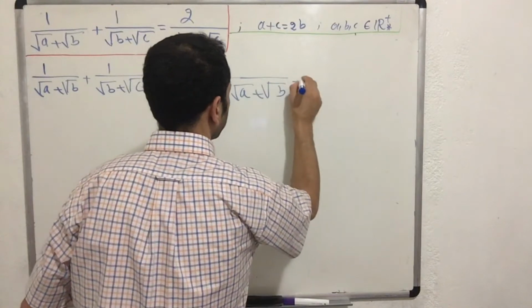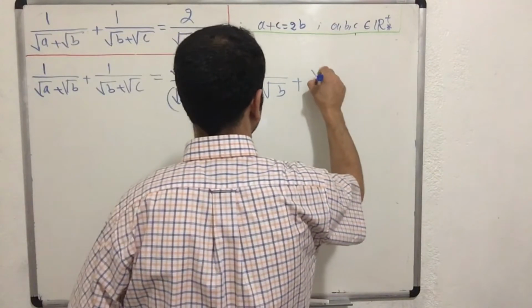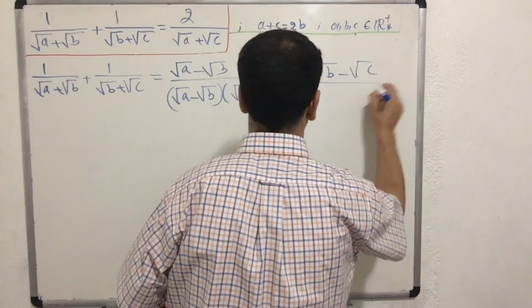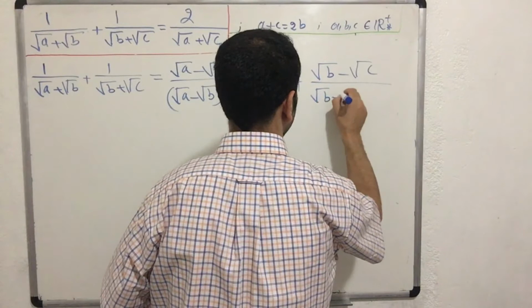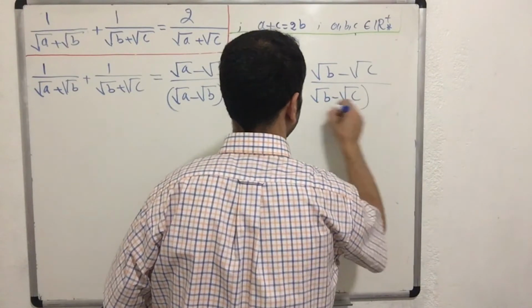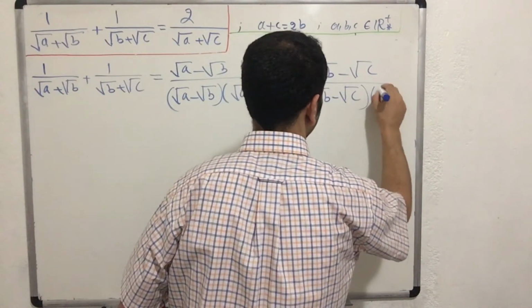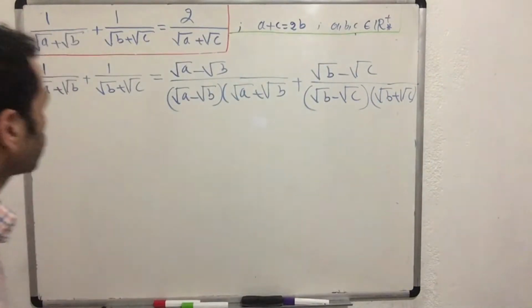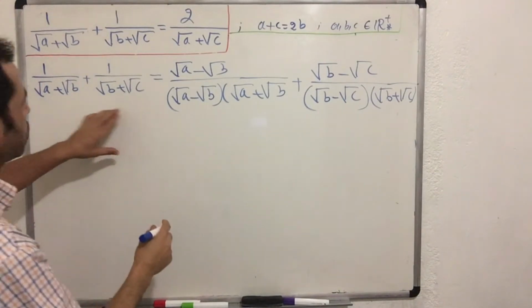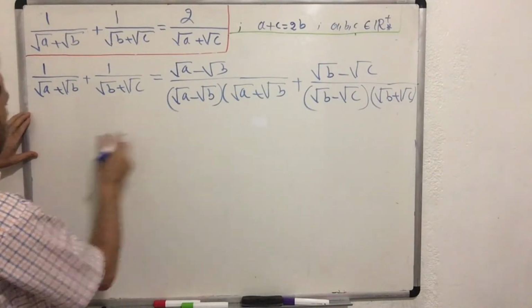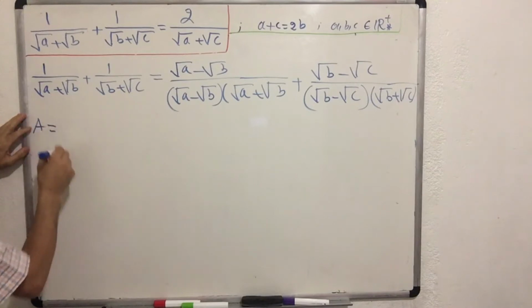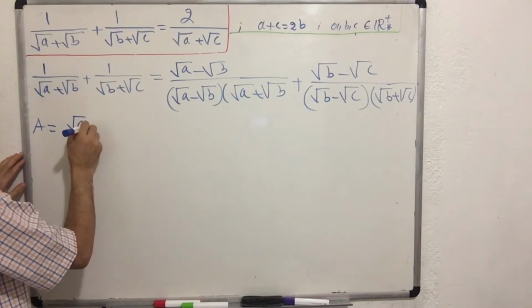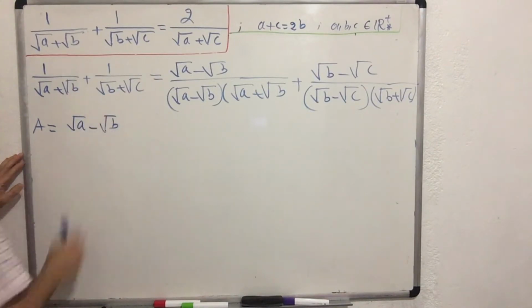Same thing with the second term: square root of b minus square root of c over square root of b minus square root of c, multiplied by square root of b plus square root of c, right? I will call this one a big A, as a whole thing. Big A equals this one, square root of a minus square root of b.